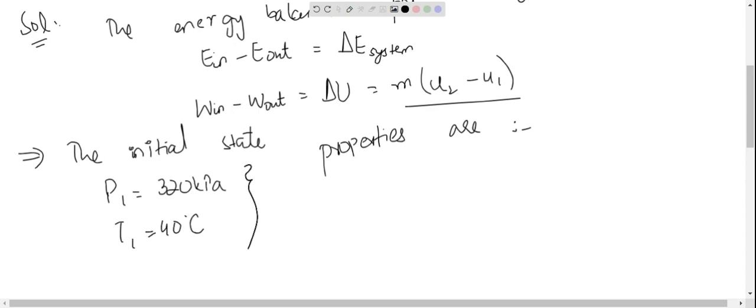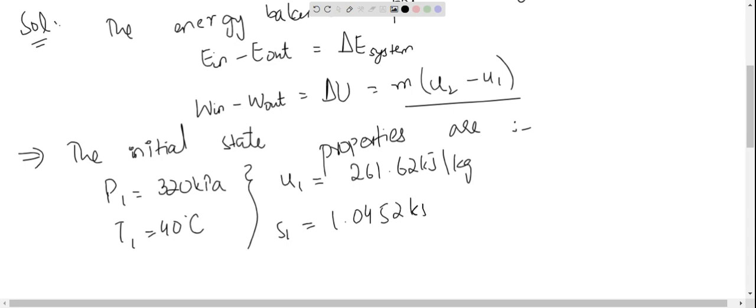So from these we come to know that U1 is equal to 261.62 kilojoule per kg and S1 is equal to 1.0452 kilojoule per kg into Kelvin. So these are from table A13.